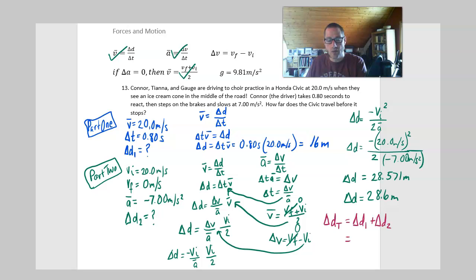So that's going to be equal to 16 meters plus 28.6 meters. And really, in order to not have any round off errors, you should use this version of the delta D. So 28.571 when you add it together.